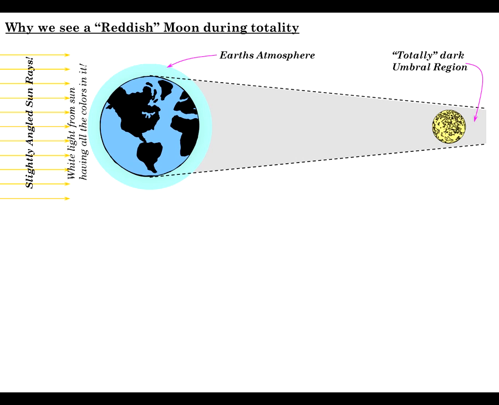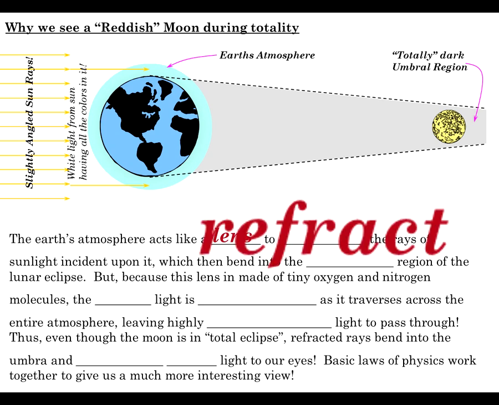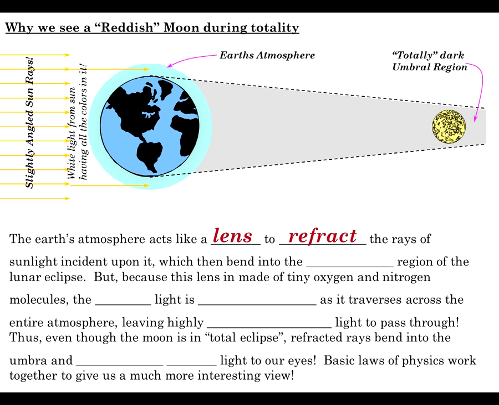But first, let's look at the umbral region here, the totally, quote unquote, dark umbral region, where the moon doesn't see any of the sunlight. And yet, even in that condition, we see that the moon looks a little bit red. Well, here's two of the rays coming in that are hitting the atmosphere. Now, the Earth's atmosphere is like a lens which refracts the sunlight.